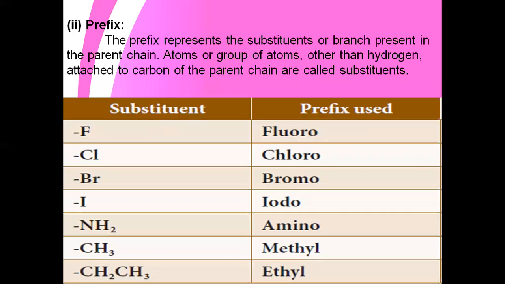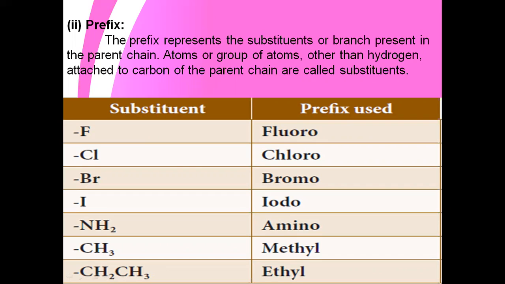Next, the prefix. The prefix represents the substituents or branches present in the parent chain. Atoms or groups of atoms other than hydrogen attached to carbon of the parent chain are called substituents. Some compounds have F, Cl, Br, I substituents. These are the prefix. Some compounds do not have a prefix and start with the root word.